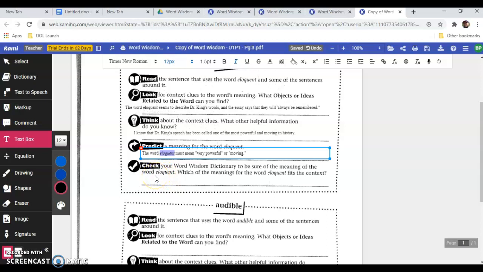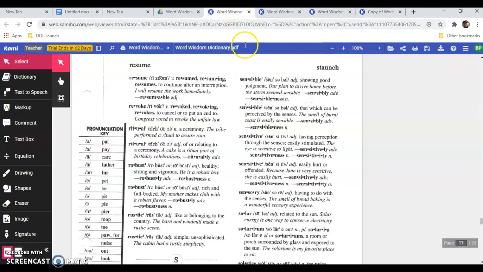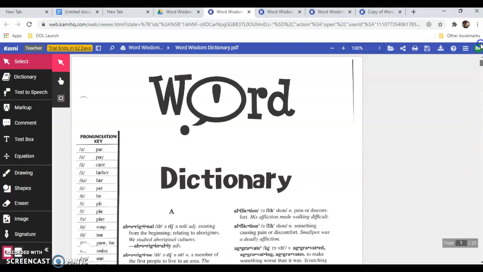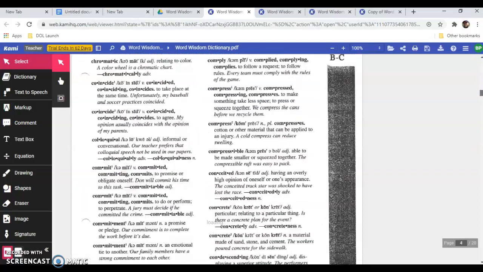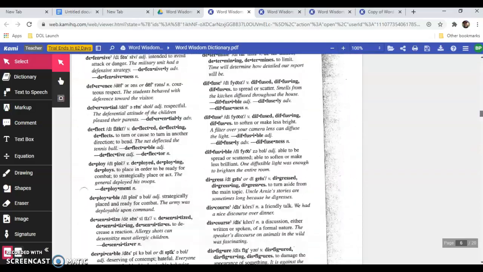When I'm done with this, I'm going to move on to the final step of the assignment, which is to check the Word Wisdom Dictionary for the meaning. When I click my tab that has my dictionary open, I come up here. I'm going to look for the E's because we are looking for eloquent.